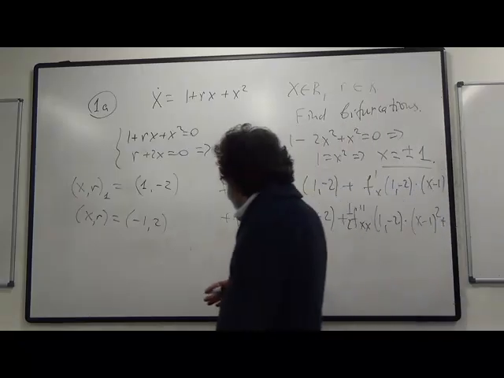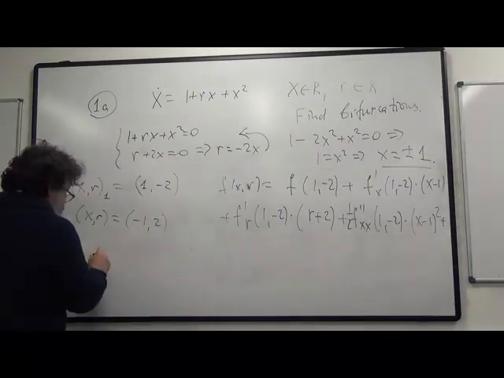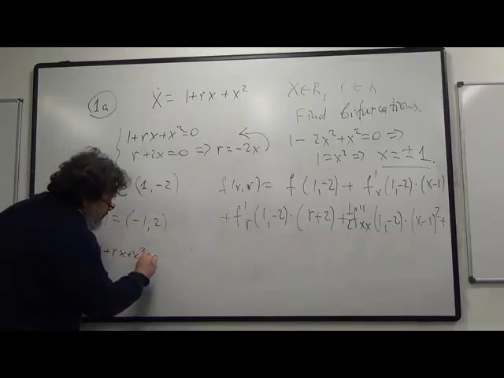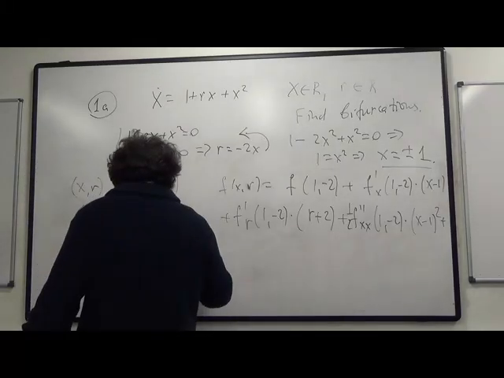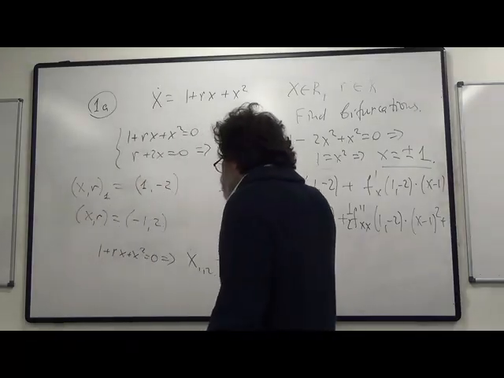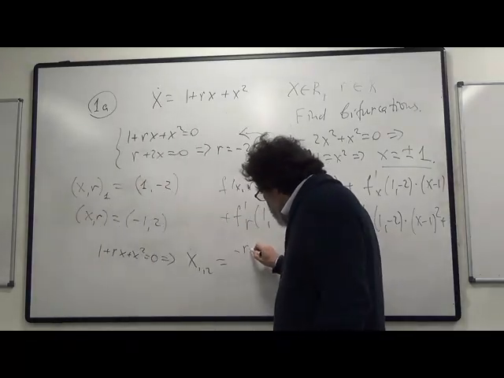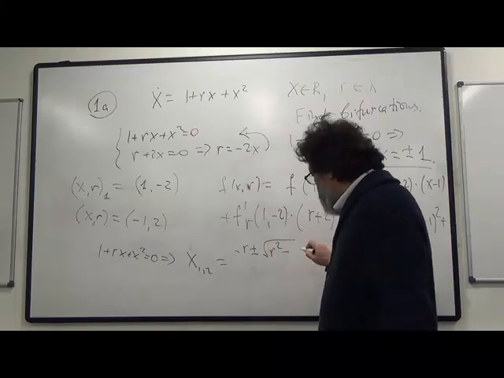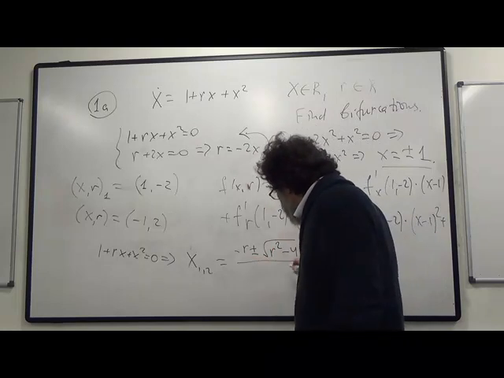An easier way may be to look straight up there. 1 plus rx plus x squared equals 0. And here we find that x1,2 equals minus r plus minus the square root of r squared minus 4, divided by 2.